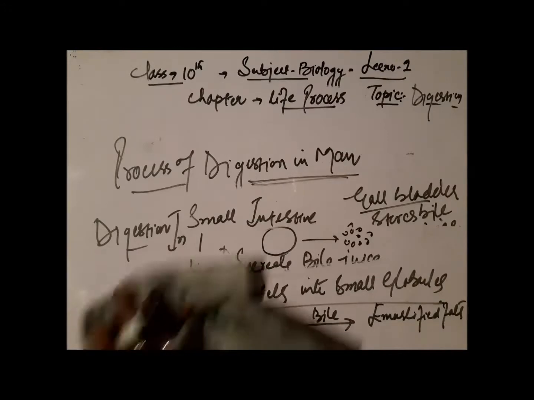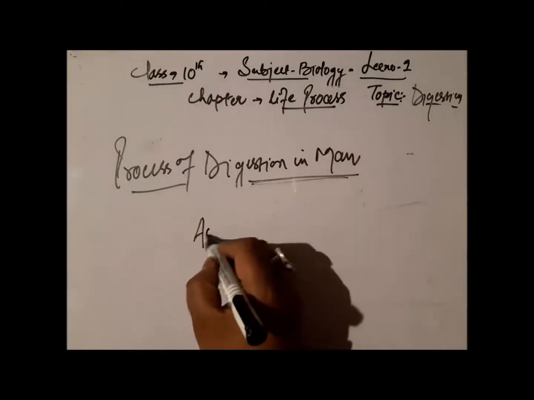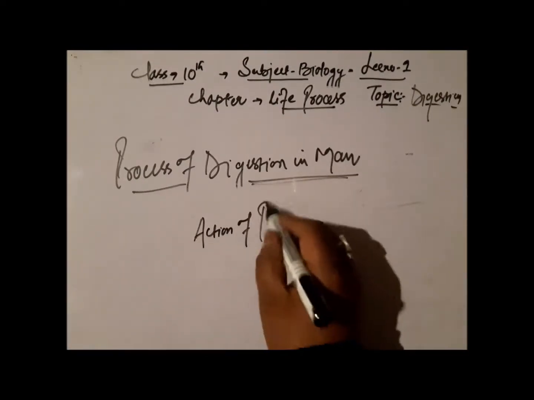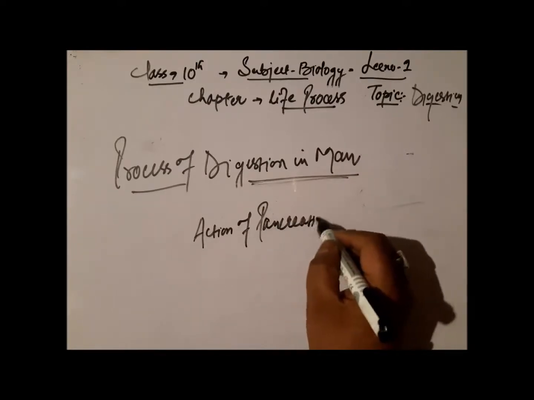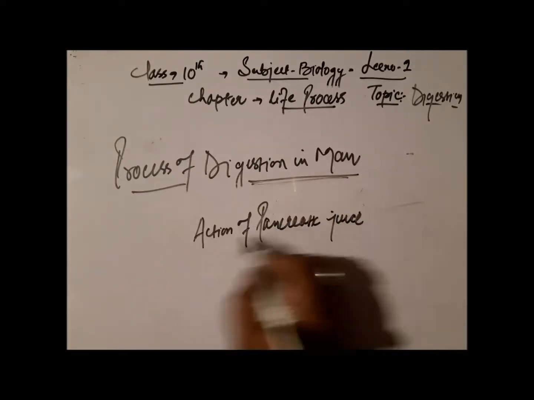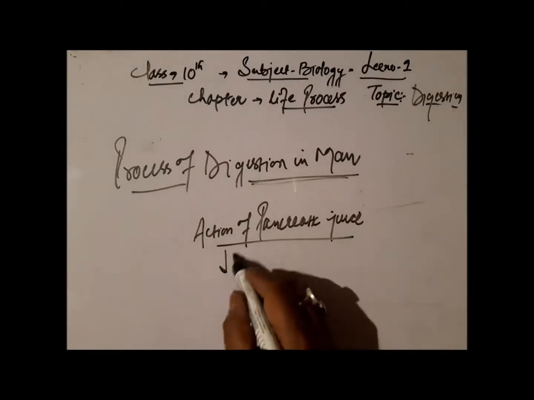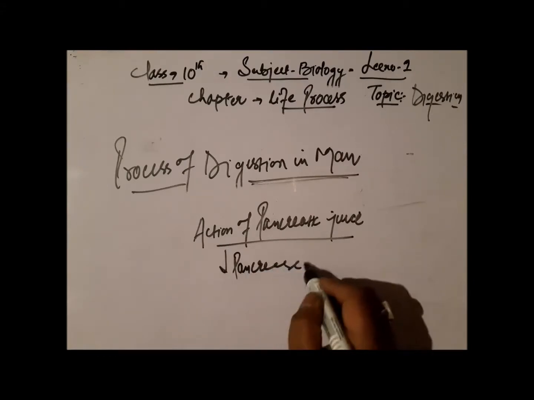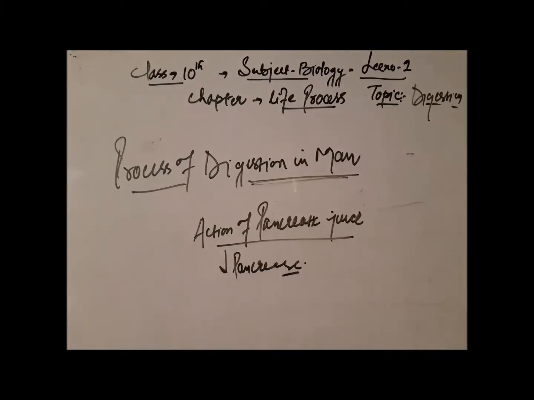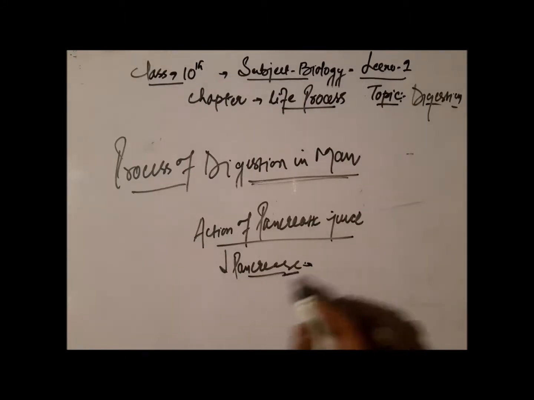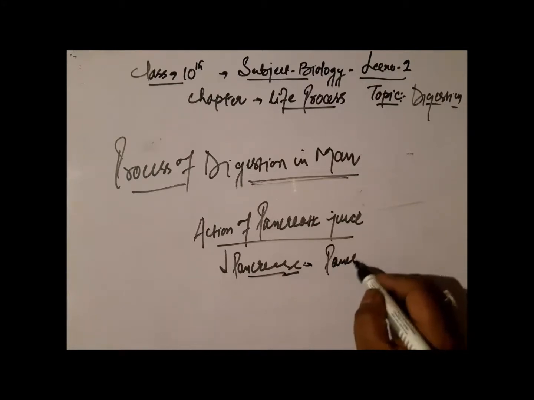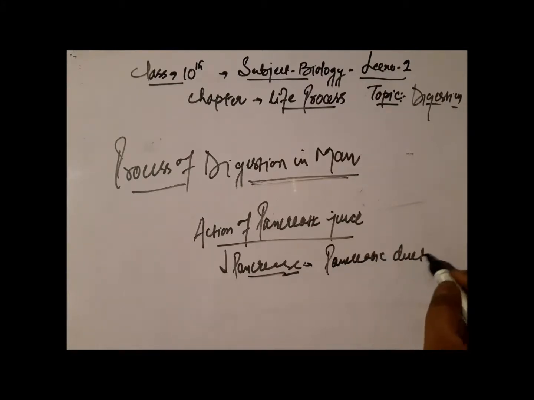So as far as the action of pancreatic juice is concerned, it is produced by the pancreas, as we know, and is passed through the pancreatic duct into the duodenum.